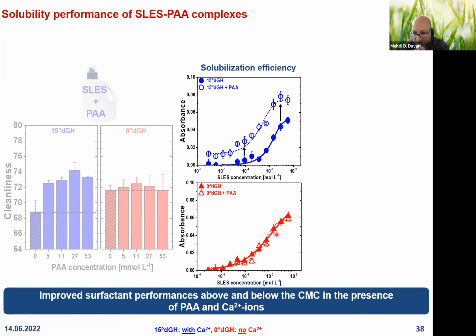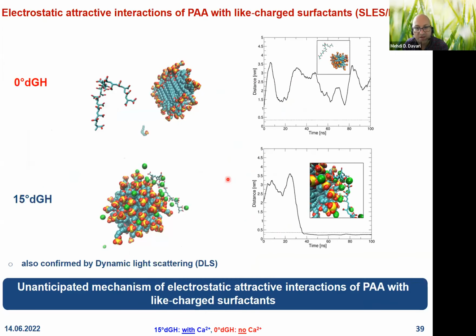And as you see here, we do not have any change in the presence of the polymer. This was very surprising to us because in this system we have a negatively charged surfactant and a negatively charged polymer. So we do not expect that these similarly charged moieties could interact, but based on our molecular simulation, we see that, of course, this is the case.